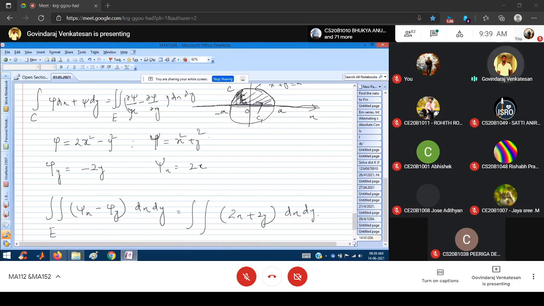Okay. So this is my strip on the upper half of the plane. The strip is moving from left to right and bottom to top. When it is moving from the left to right, it defines the x limits, and when it is moving from the bottom to top, that defines the y limits.